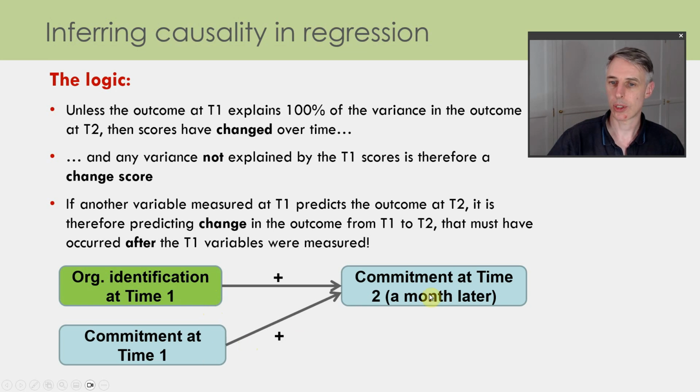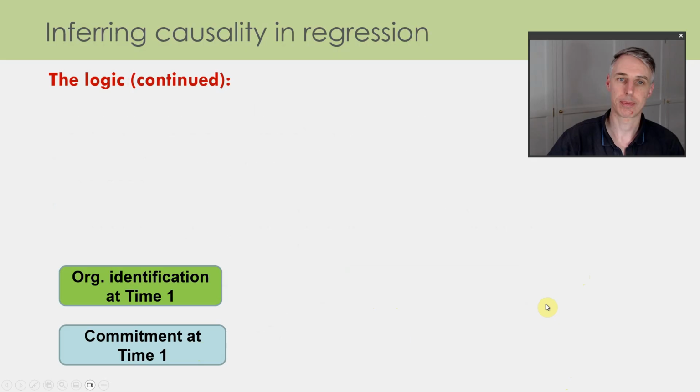In a model like this, where you're controlling for a measure of the outcome variable measured at the same time point as your predictor, what you're predicting is change in the outcome variable that would have occurred since the time 1 measures were taken. And it's that aspect of it that helps with the inference of causality.